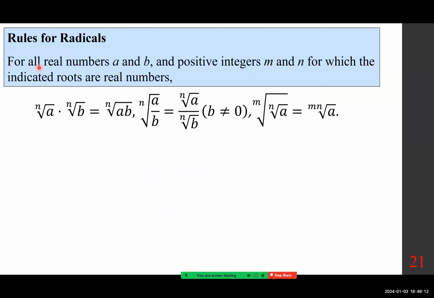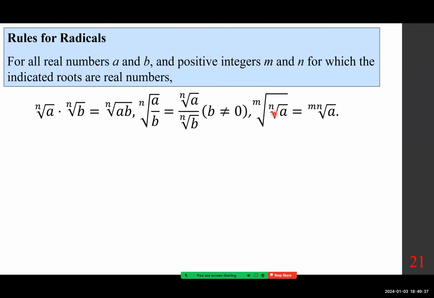Rules for radicals: for all real numbers a and b and positive integers m and n, for which the indicated roots are real numbers. When you multiply them and they have the same index, you can put them under the same radical. The nth root of a times the nth root of b is the nth root of ab. If you're dividing the same thing, you can separate them or put them together, you can go back and forth, okay?